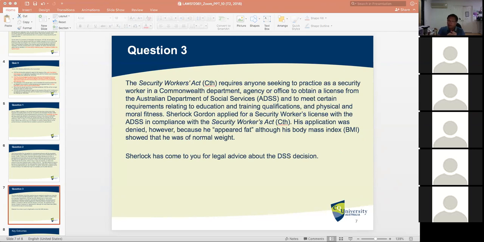First question then is, can we speak here of a right, interest, or legitimate expectation on the part of Sherlock Gordon to obtain a license? Does he have a right? Does he have an interest? Does he have a legitimate expectation?